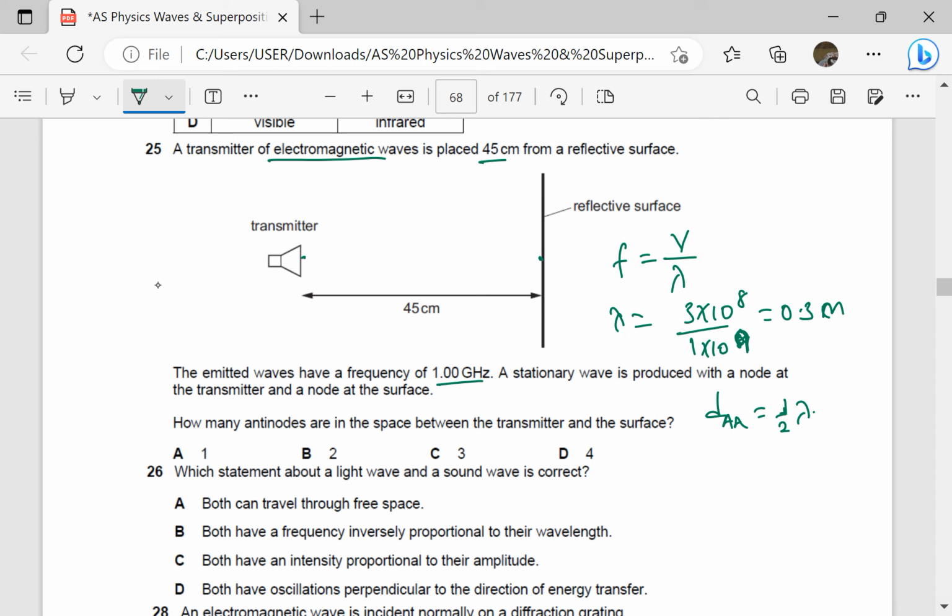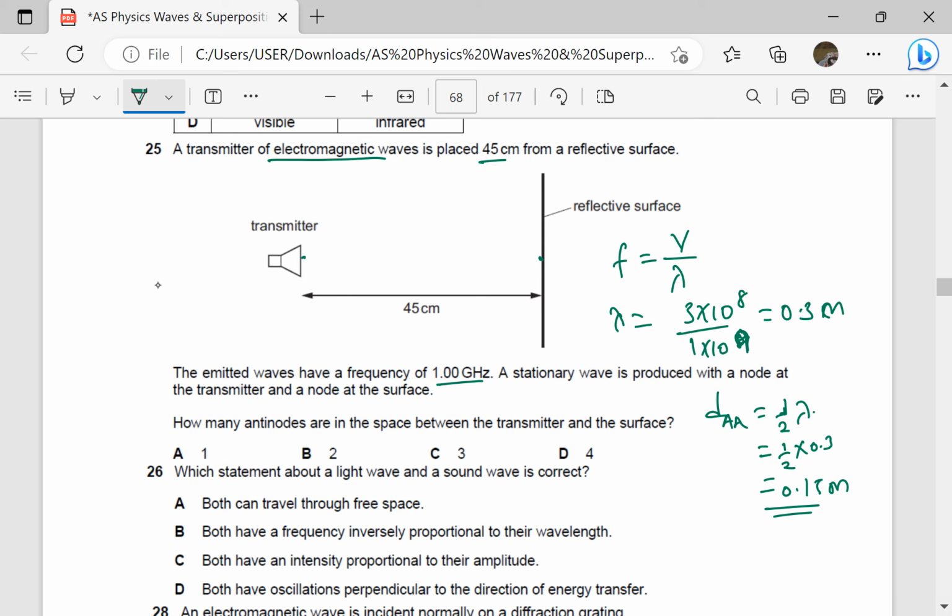Half wavelength is a half times 0.3, which is 0.15 meters. So the distance between two successive antinodes is 0.15 meters.